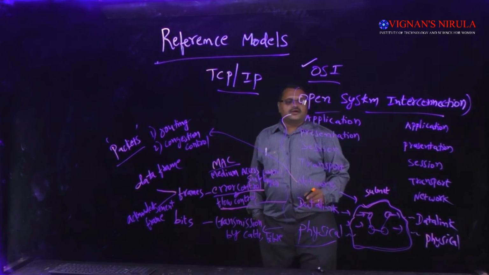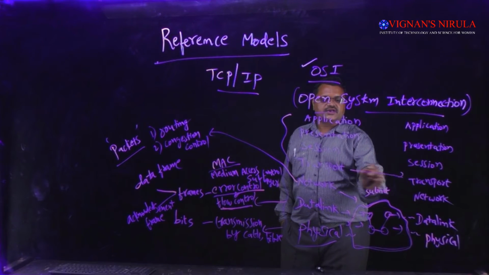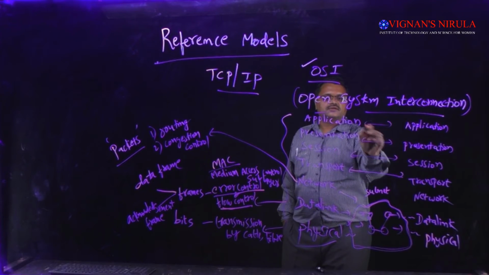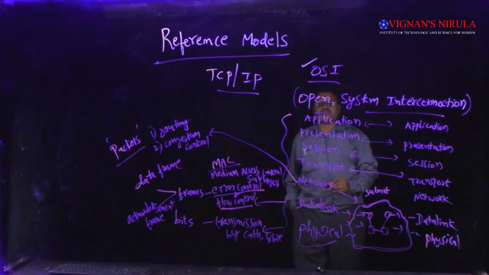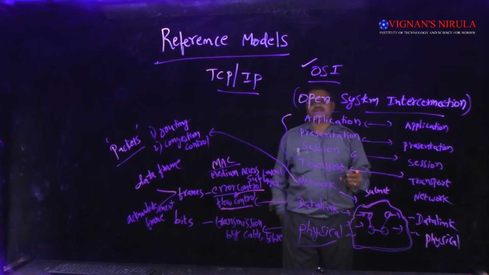Whereas from the transport layer onwards, there is a direct end-to-end connection. From the transport layer onwards, the connection between the layers at the sender and the layers at the receiver is end-to-end.